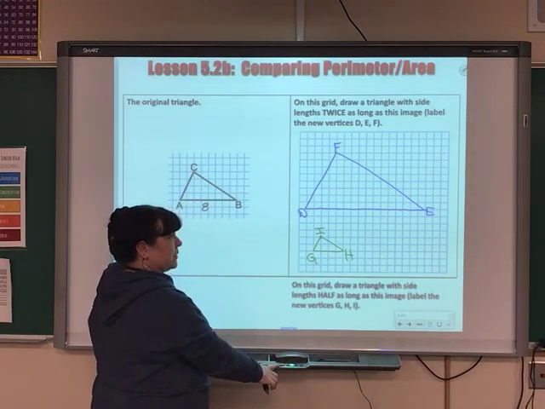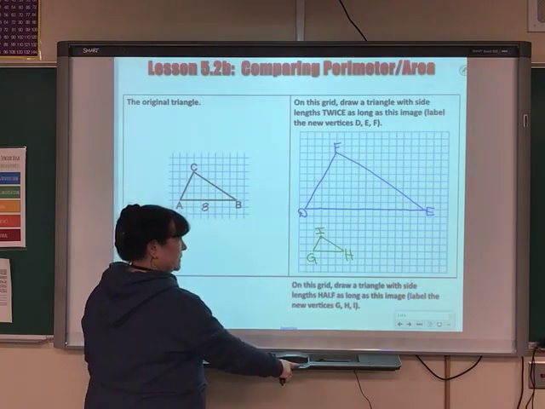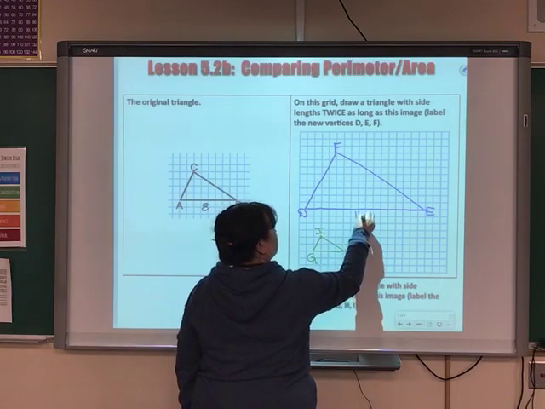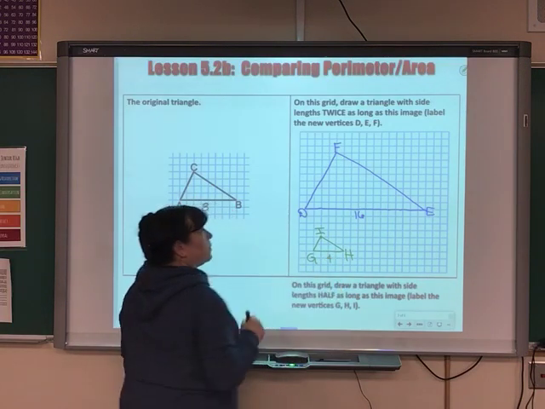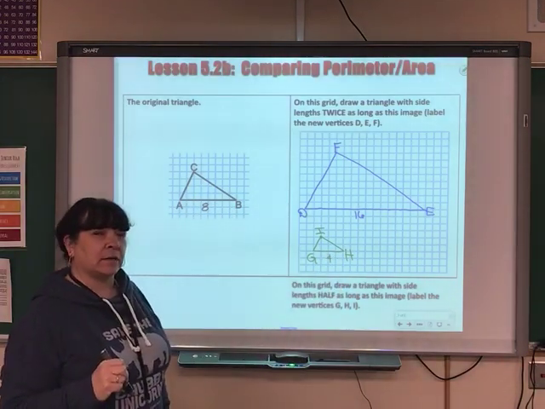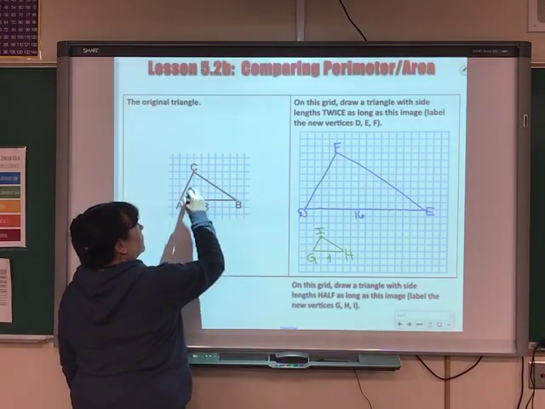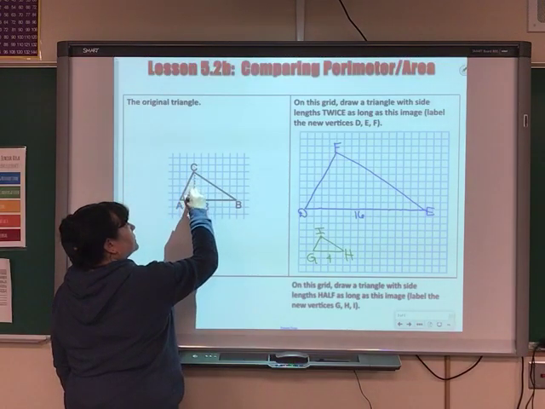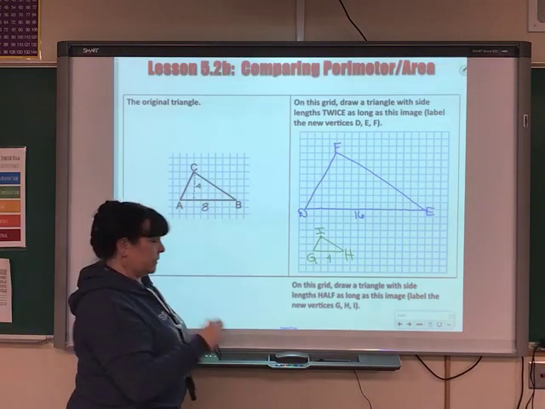Now remember, there's some other important things, not just the base. The base on this one is 16. The base on this one is 4. But remember when you were working with triangles, height was another thing. And so we're going to look at the height here. This height is 4 from the base to the highest point.